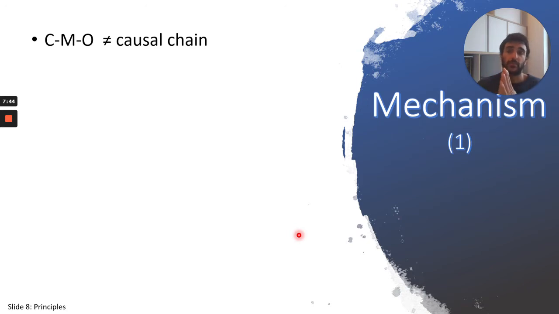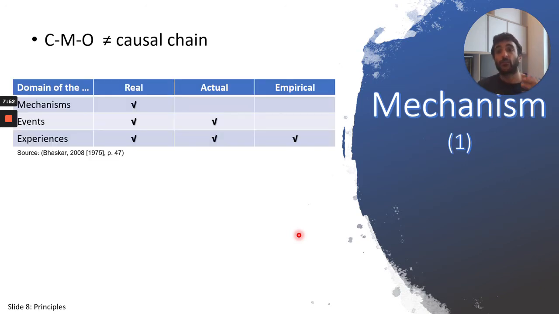It's also not the case that the C and the M work together to create O. No, we rather see an ontological relationship between the C and the M. We draw from the ontological stratification made by Roy Bhaskar, which has the domain of the real, the domain of the actual, and the domain of the empirical, with mechanisms at the domain of the real and the observations or the context also that we see in the domain of the empirical, our experiences, basically.